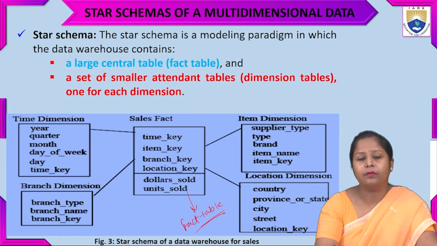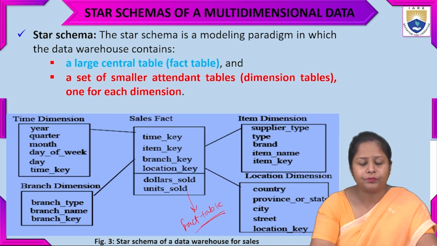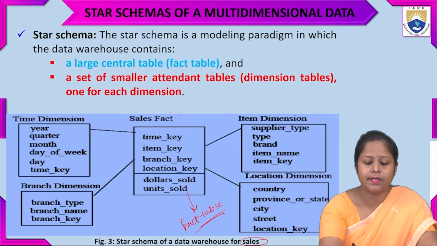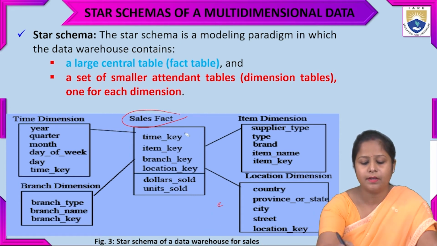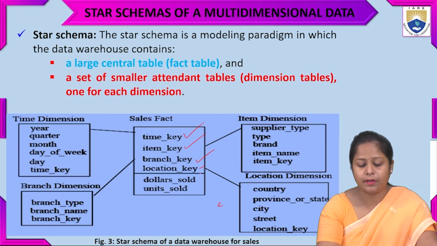We have seen the definition of the star schema, but today we will go into the depth of it. The fact table is a larger central table for the dimensions. What is the dimension here? For sales, we have the sales fact table, which has different attributes: time key, item key, branch key, location key, and also the attributes dollars sold and units sold, right?